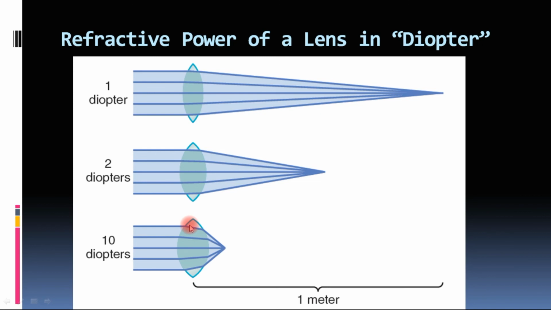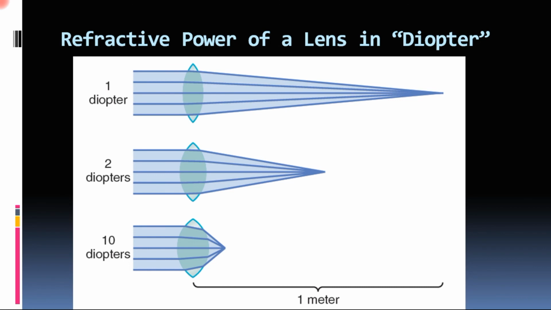And one more thing to consider, that in case of concave lens, as we have seen earlier, it diverges the light rays. So the focal length cannot be found for the concave lens.